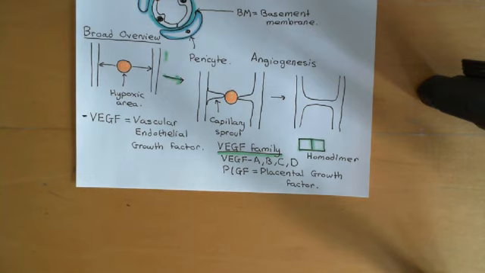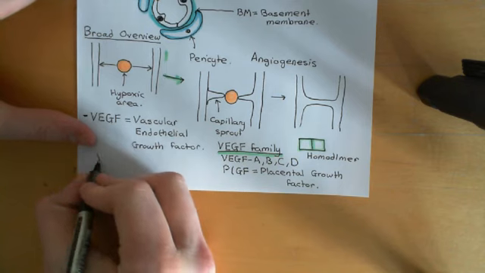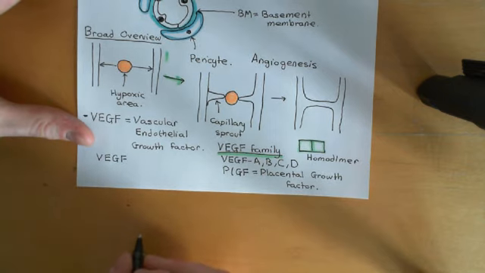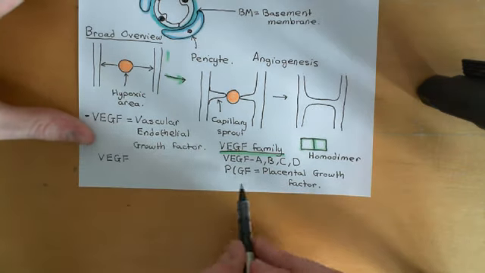Right, so now let me tell you about the fact that when people say vascular endothelial growth factor, so when they just say VEGF, what do they mean? Well, they don't mean all 5 of these.